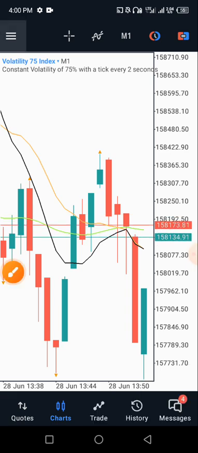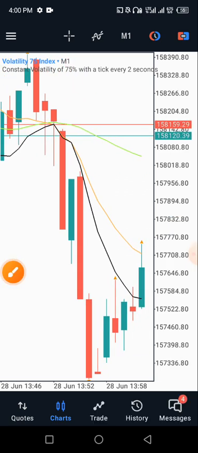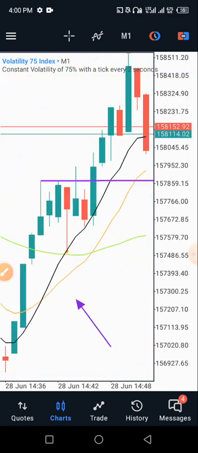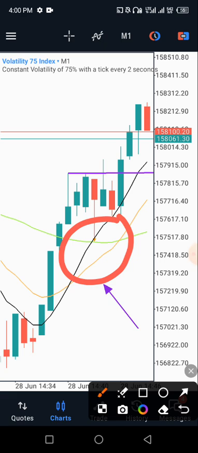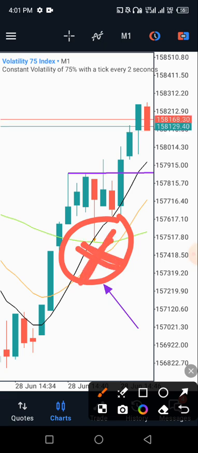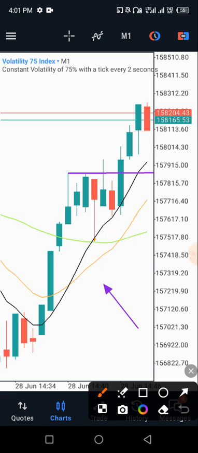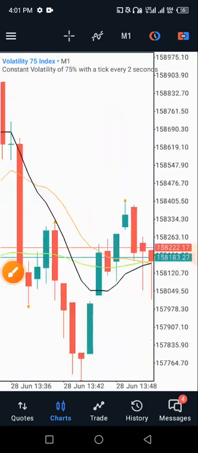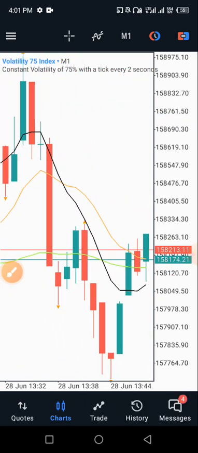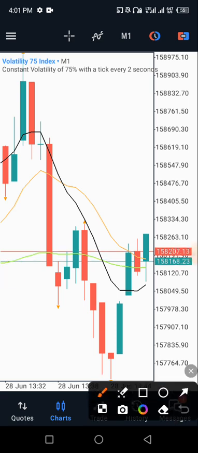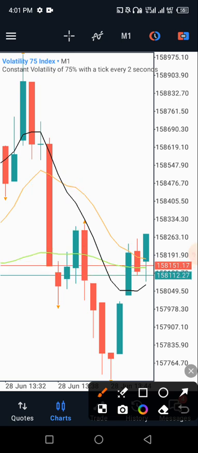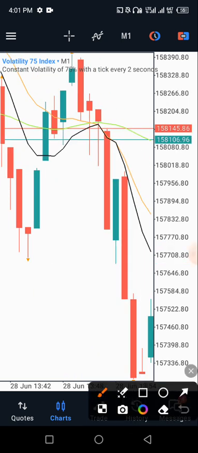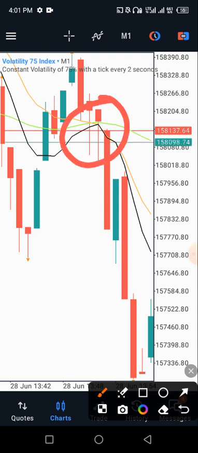Like the first one we have here, you can see the crossing is almost together at this shaded portion. But if you look at this particular one here, you will notice that the crossing is far apart. But if you look at this particular one here, you will notice that the crossing is almost together.